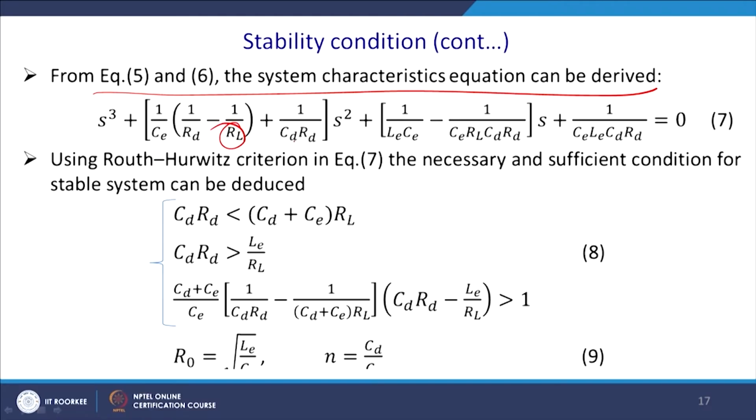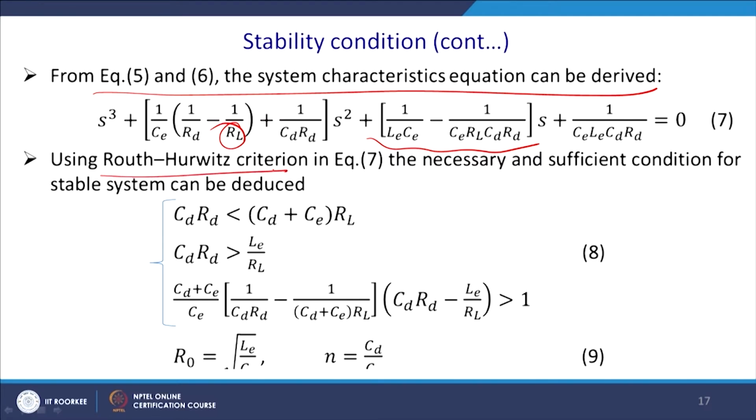Thereafter, 1 by C d plus R t into a square, plus this is the damping part, since it is a coefficient of S. So, L by C plus C into R L C d into R d, and that into S. Thereafter, this will essentially be the damped oscillation part omega d, and thus we apply a simple criterion that you have studied in your basic control system in your BTech level, that is the Routh-Hurwitz criterion.